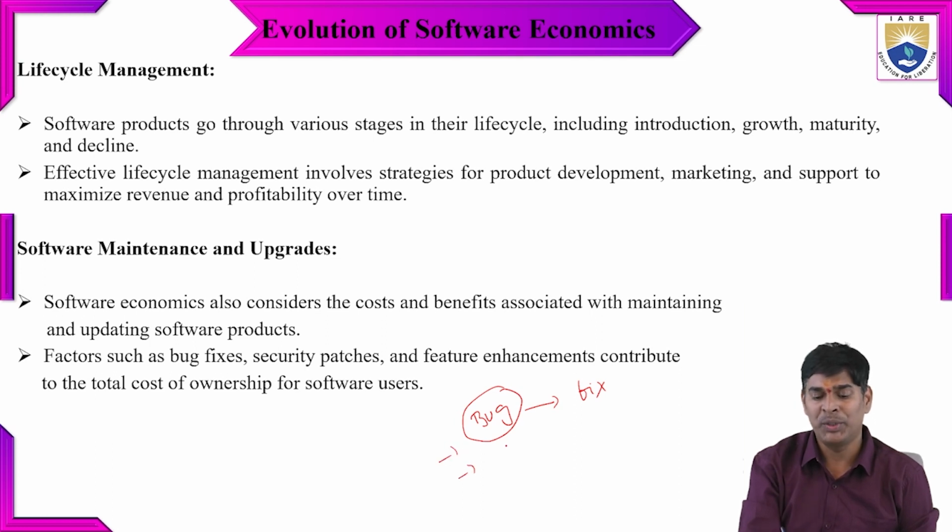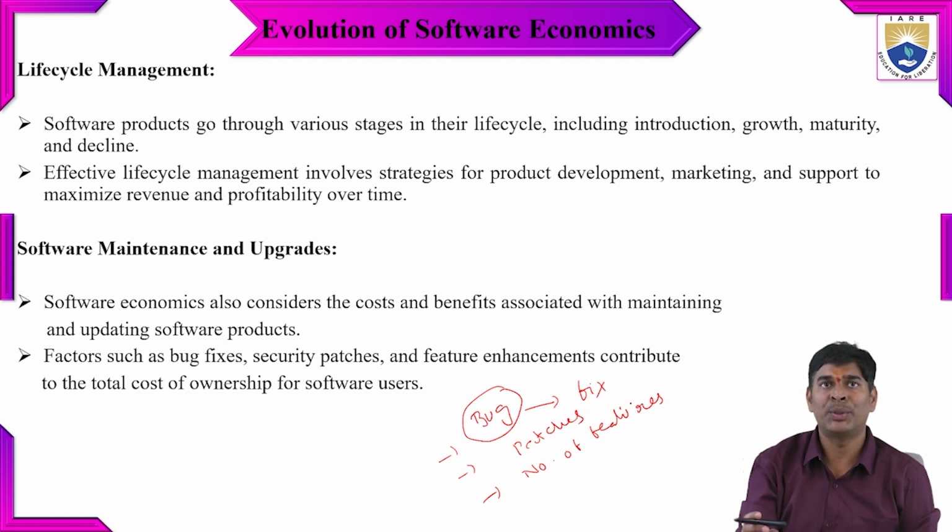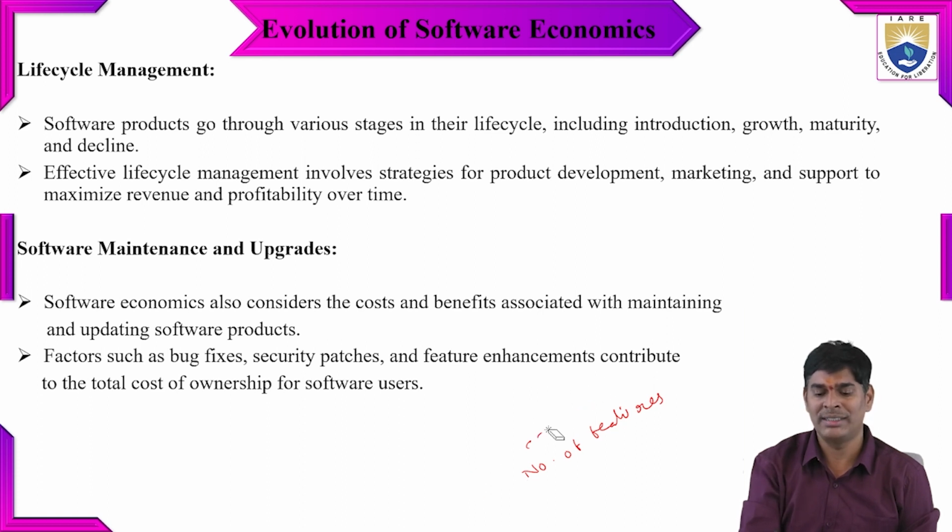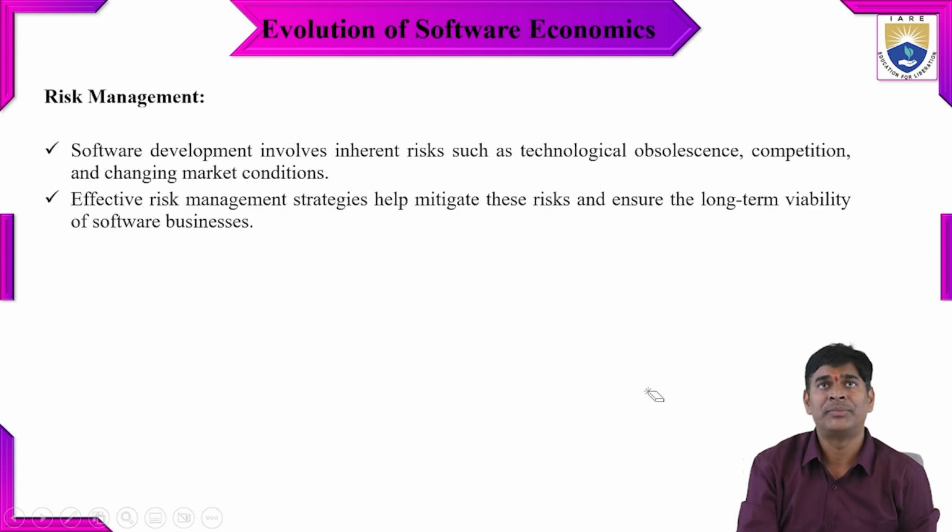After that, they release the patches, which we can call security patches. Each time the updates happen, and moreover the number of features increases with every patch they release. So they check the total cost of ownership for the software users as they release different types of patches in each and every release.